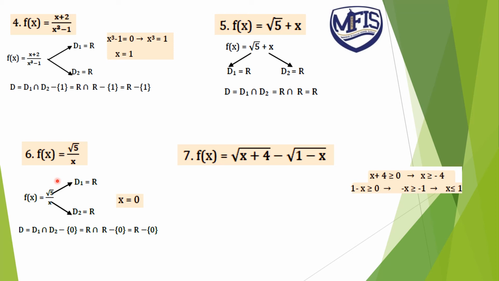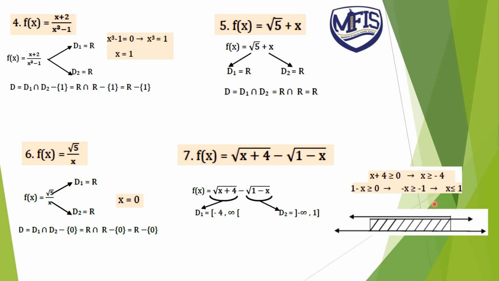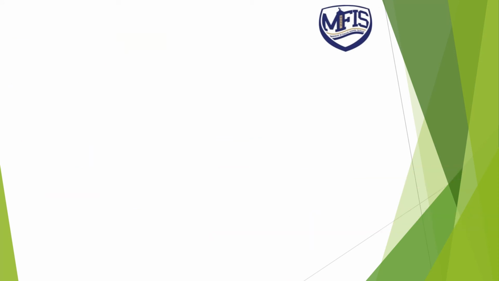And if we take 1 minus x greater than or equal to 0 also, so negative x greater than or equal to negative 1, so dividing by negative on both sides, we get x smaller than or equal to 1. So the domain of this function is from negative infinity open to 1 closed. If we draw the number line of this function from negative 4 to 1, the intersection of these two functions is from negative 4 to 1 closed.